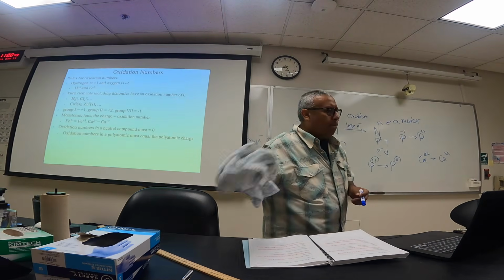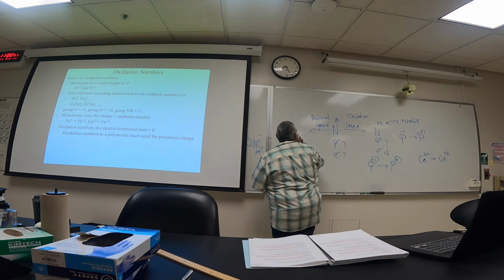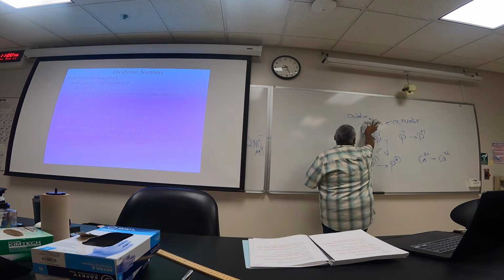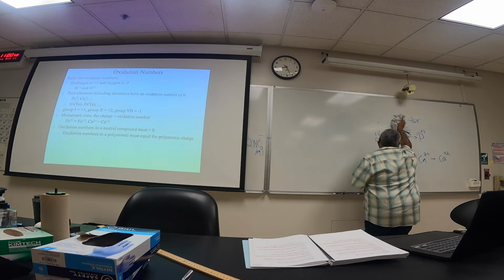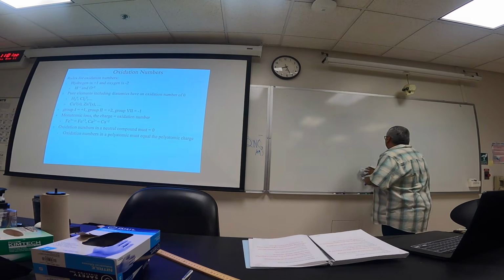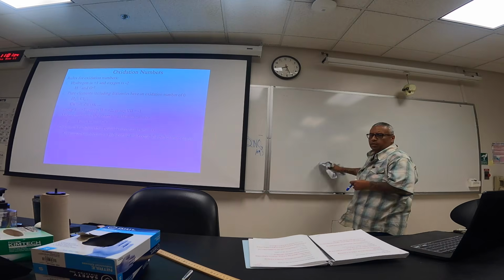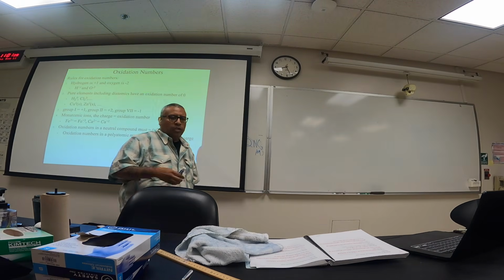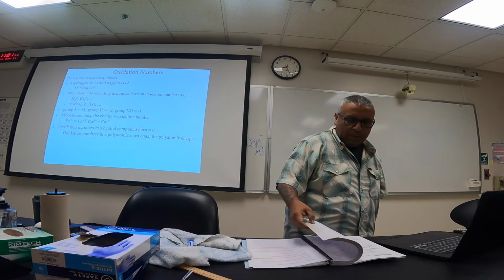Right? So these rules have to be memorized, and you've got a couple weeks to memorize these rules. Our exam is not next week, it's the following week. So we're going to spend 2 weeks on these units here. But you do have to memorize these rules. I kind of lightened them up a little bit.